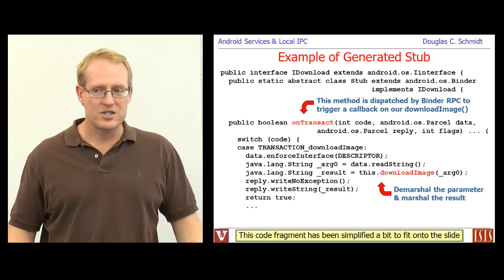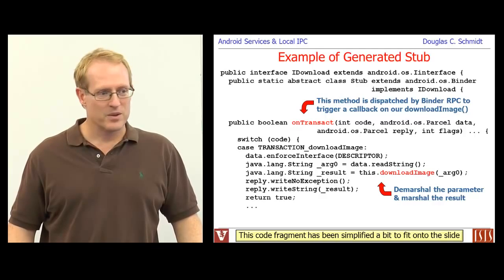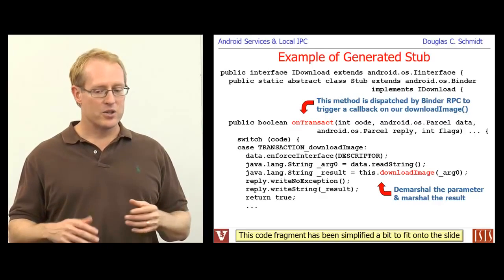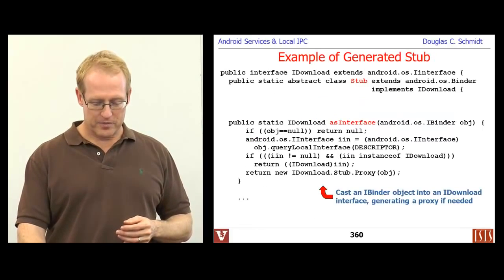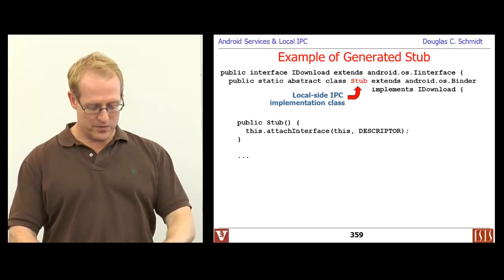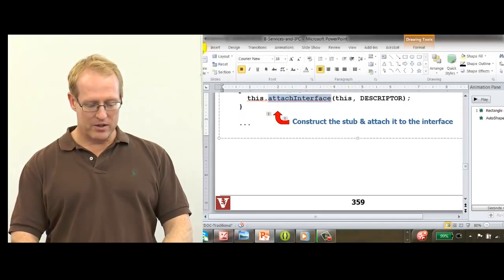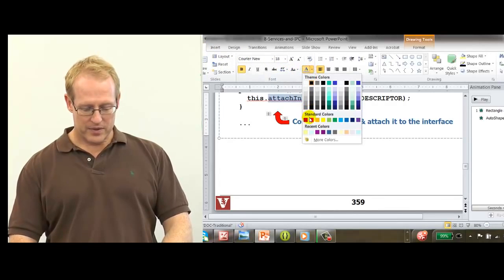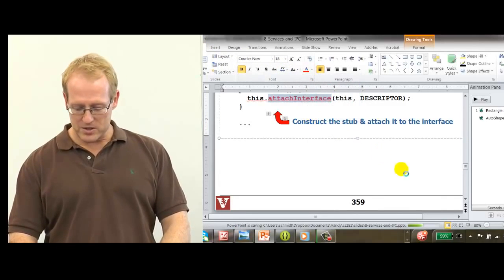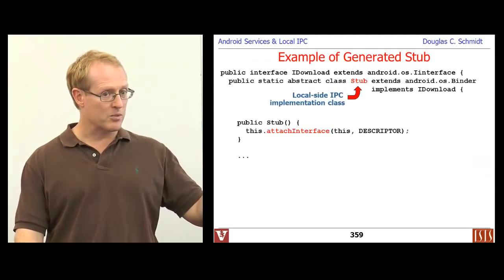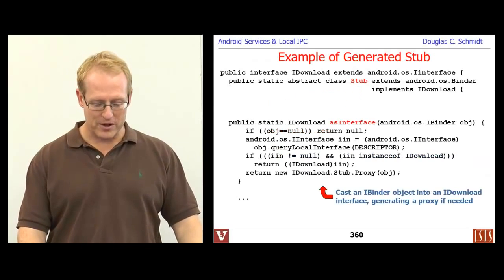So that's basically the set of things that the proxy and stub are doing under the hood to do stuff like register you. So here, I'll highlight this guy, to register these stub instances, these binder objects, so that they can be dispatched ultimately by the binder framework.